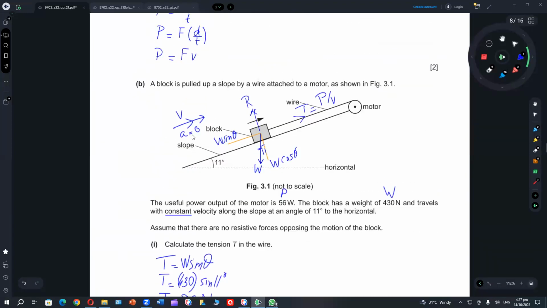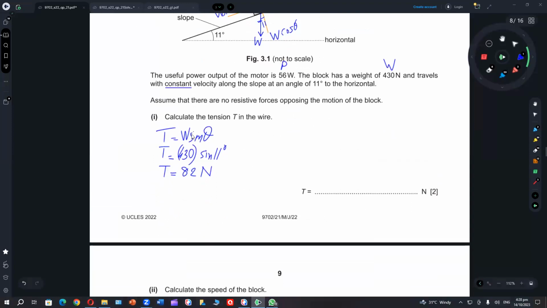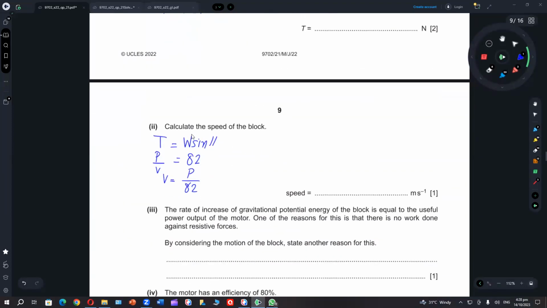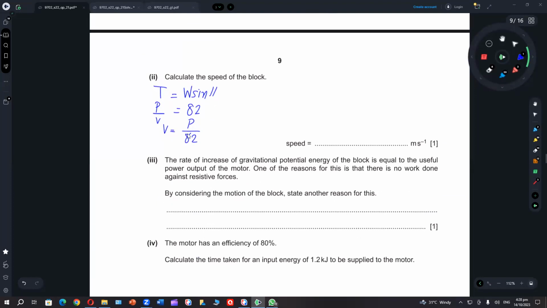I have used that logic. Upward force is P upon V and downward force is W sine 11. The power is given to be 56. It will be 0.68.